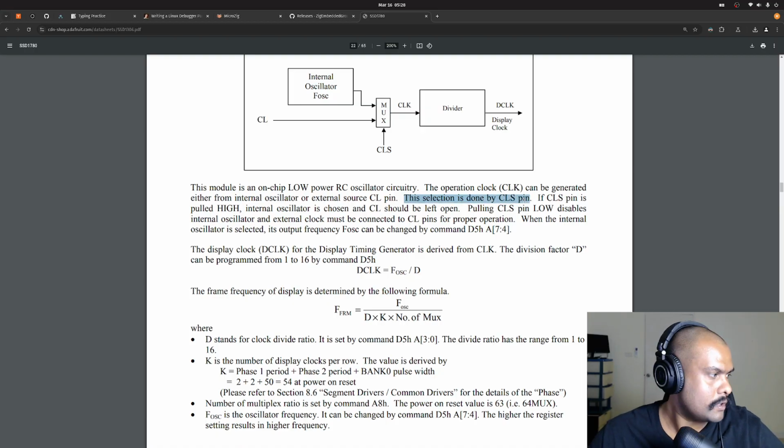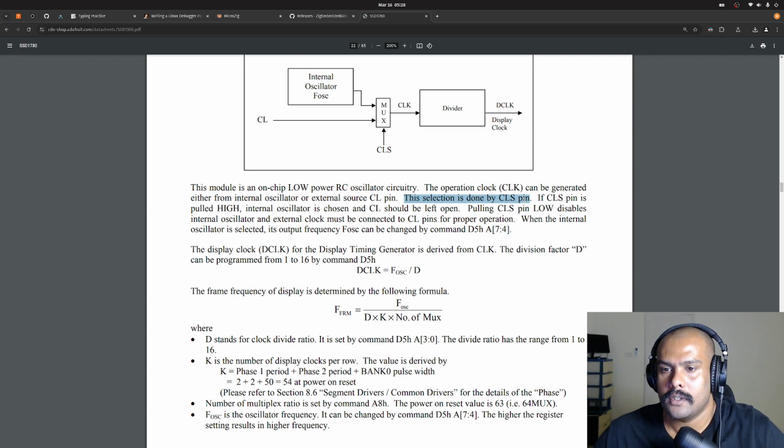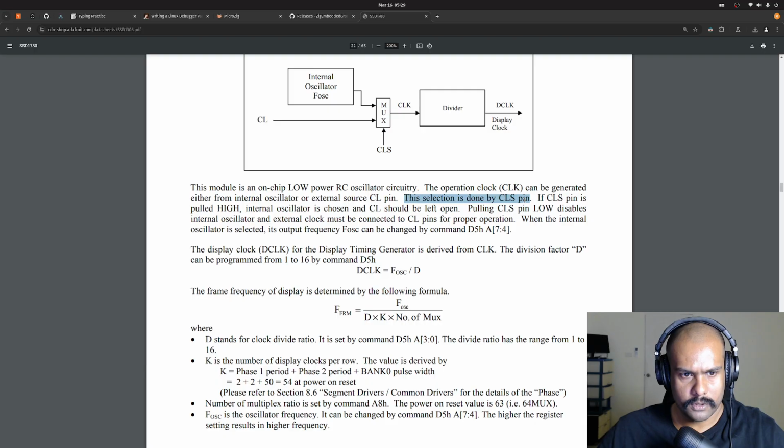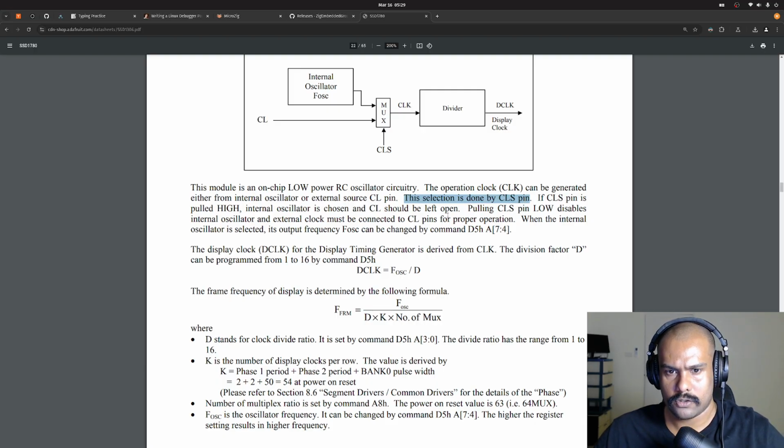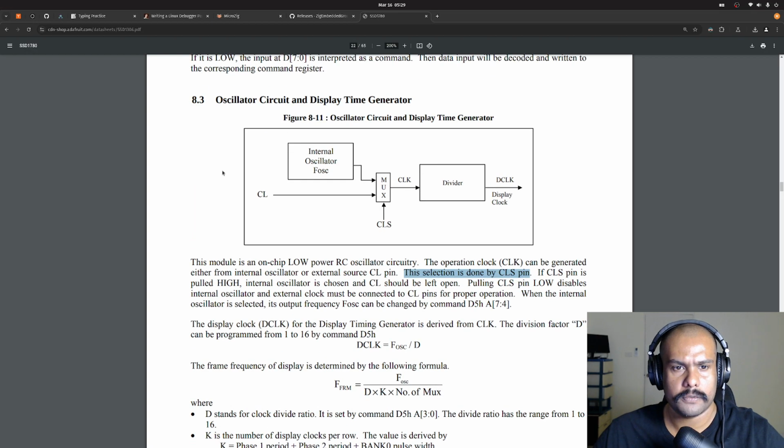I do see the CLS pin on the board, yeah, it's too far away, I can't be bothered. If CLS pin is pulled high, internal oscillator is chosen and CL should be left open.